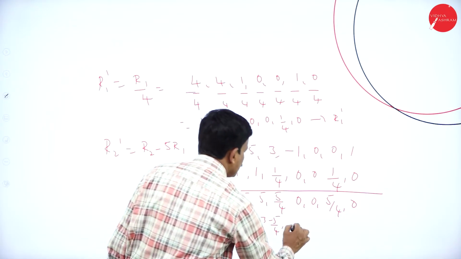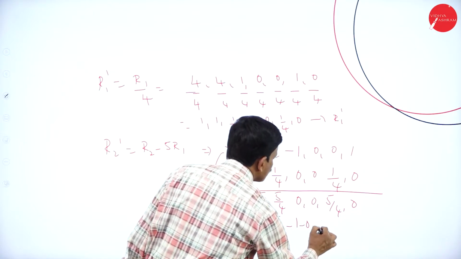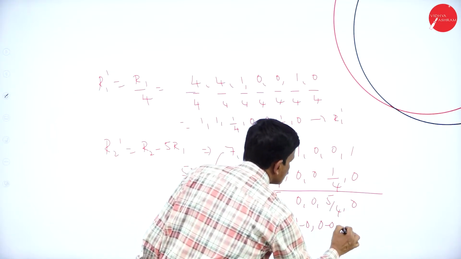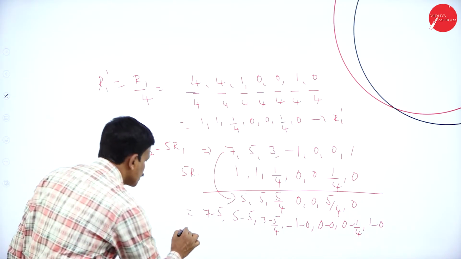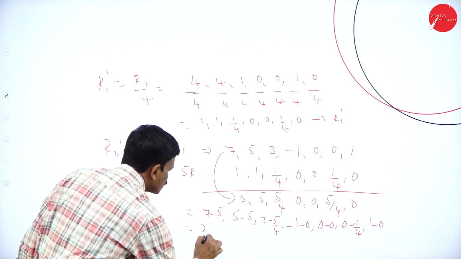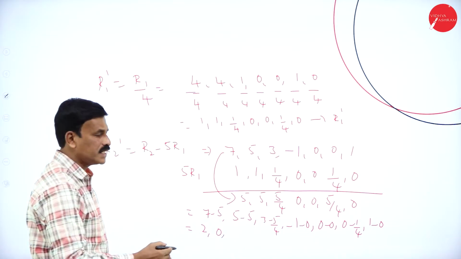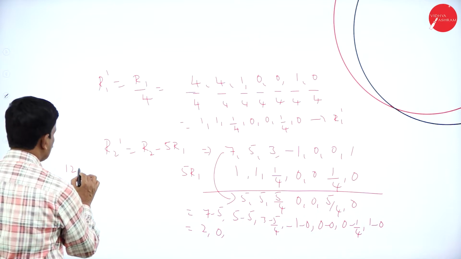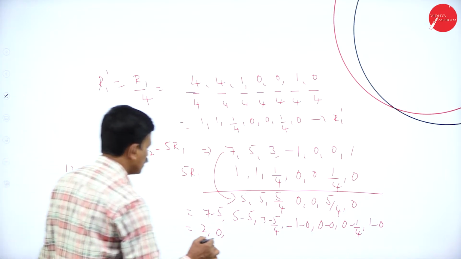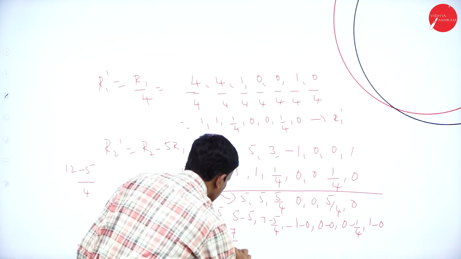Then minus 1 minus 0. Again, 0 minus 0, 0 minus 1 by 4 and 1 minus 0. So this is 7 minus 5 is 2, 5 minus 5 is 0. Take LCM, 4 is the LCM, 4 into 3 is 12 minus 5. 12 minus 5 is nothing but 7 by 4.